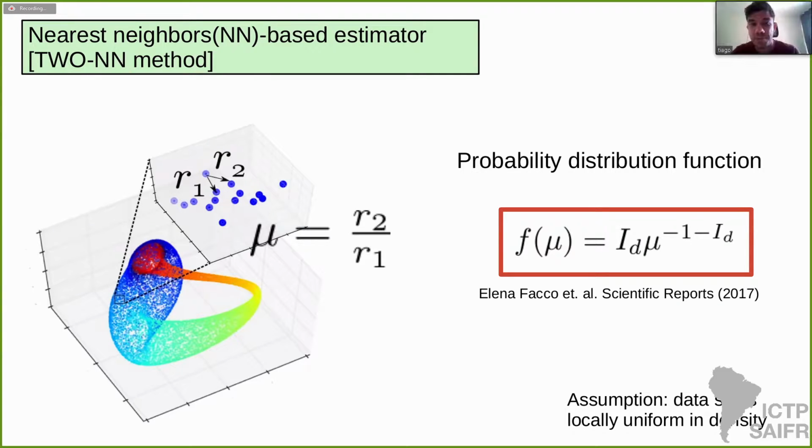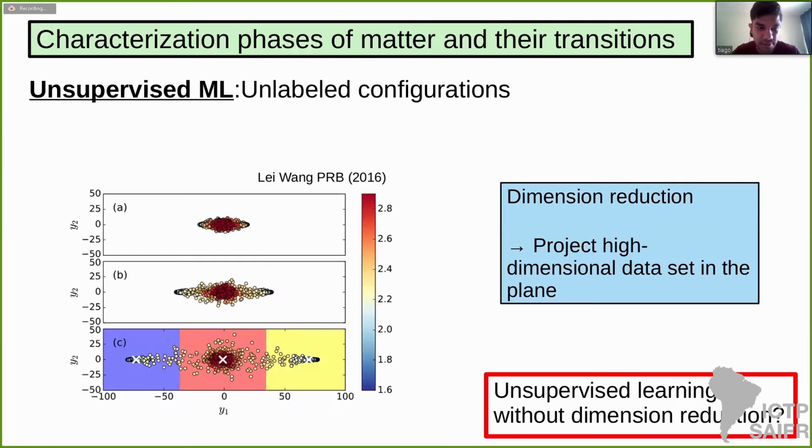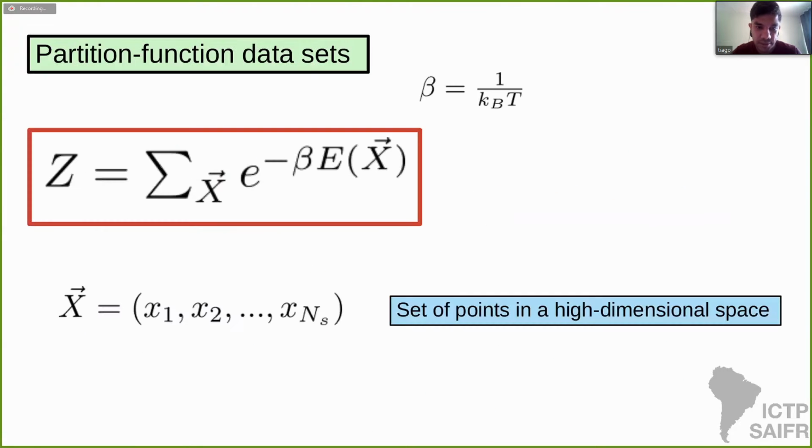No, the configuration space is the space formed by these vectors here. When I do a Monte Carlo simulation, I generate these configurations for a given temperature. So what I call configuration space is the space formed by this set of vectors.